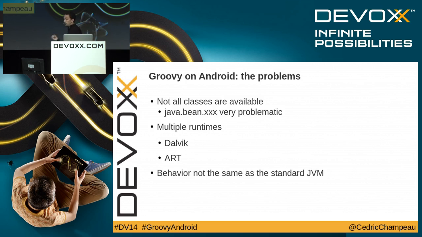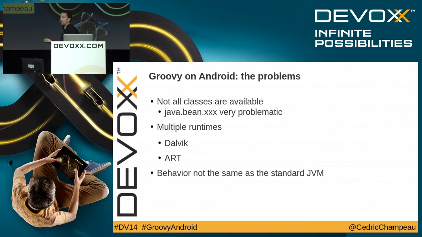Another problem is that Groovy relies on the beans API. As you have seen for the properties, for example, we follow the bean semantics. So we need that package. And the problem is that the java.beans package is not available on Android. We now have multiple runtimes.